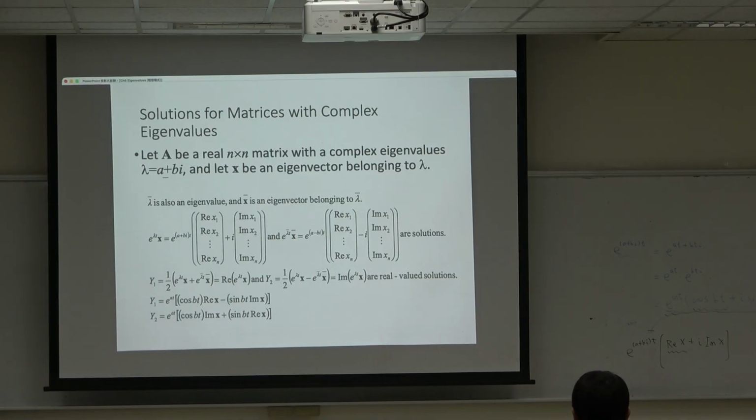Because this one and its conjugate are obviously independent, you can replace these two solutions with y1 and y2, no problem.